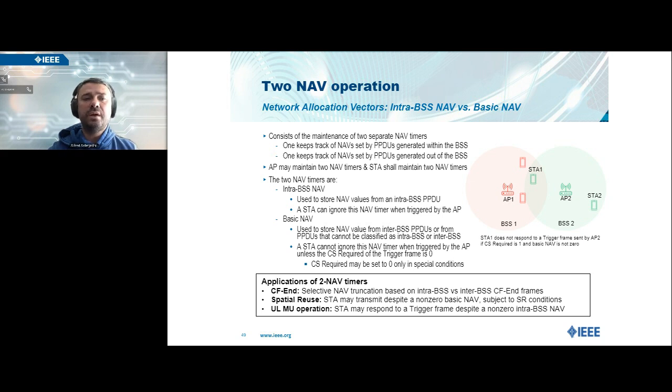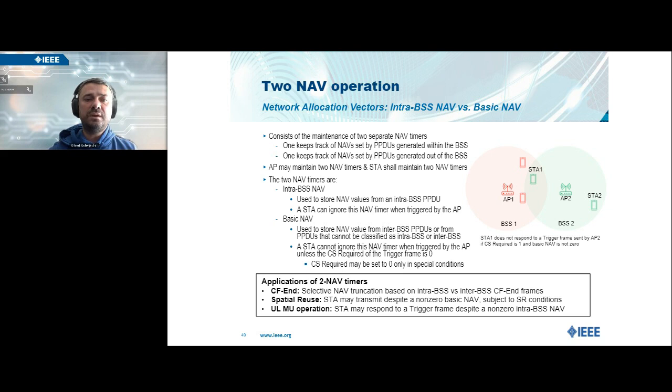The 2 NAVs can be applied for multiple reasons. You can have a selective NAV truncation based on intra-BSS or inter-BSS CF-End frames. It gives you flexibility to truncate only your NAV without affecting the basic NAV. So other BSSs are not going to rely on that particular information, and your stations are only going to truncate their NAV without touching the basic NAV.